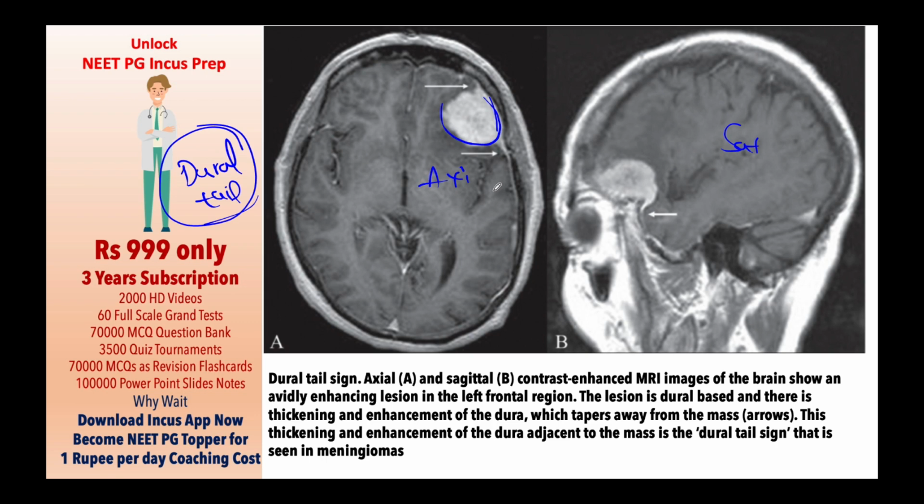There is a thickening and enhancement of the dura, and it is tapering away from the mass. This thickening and enhancement of the dura adjacent to the mass is called dural tail sign, which is seen in the case of meningioma. Meningioma is what you need to remember.